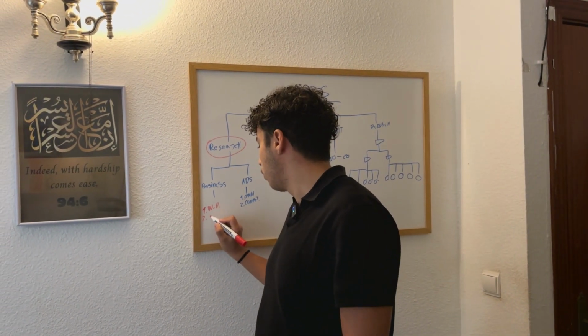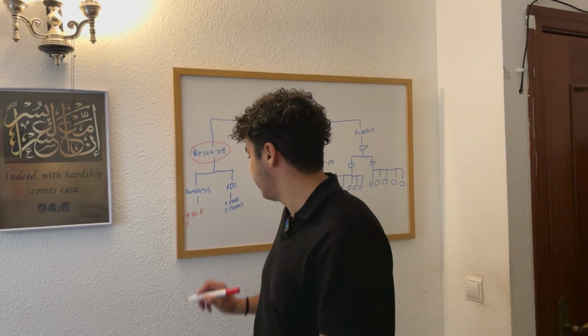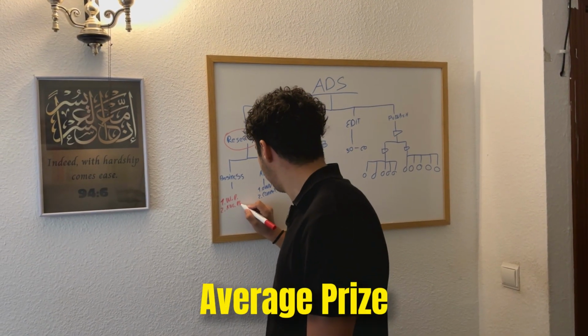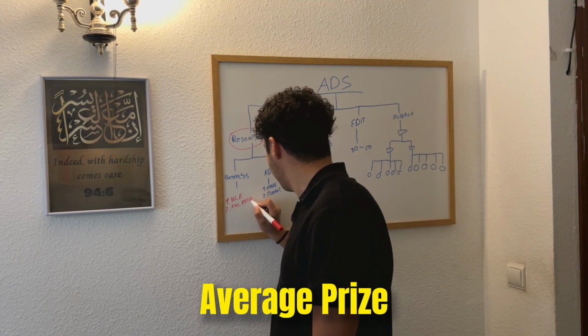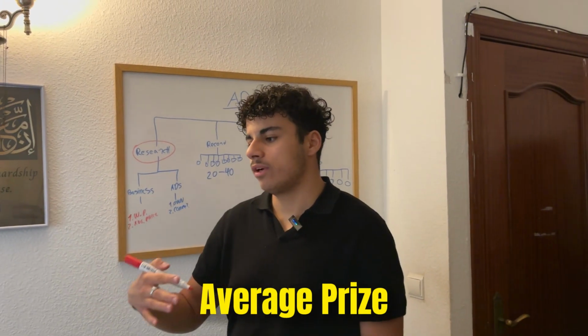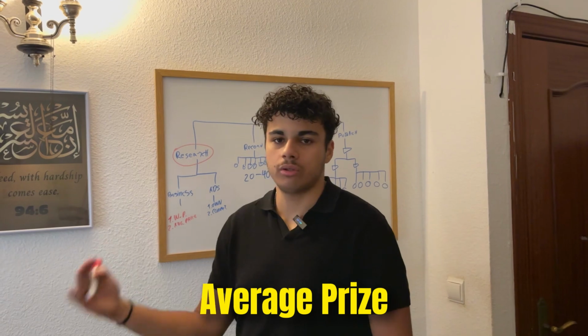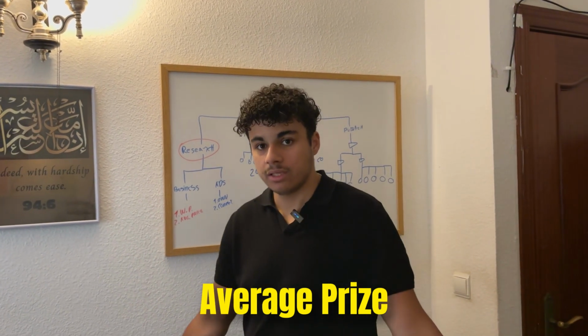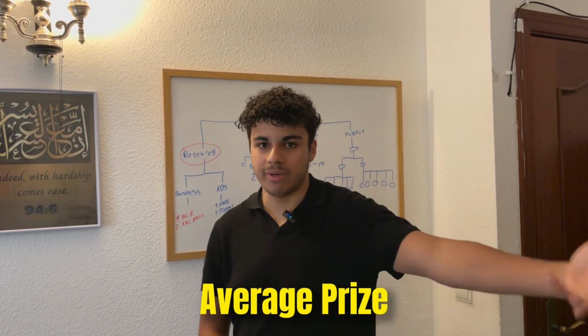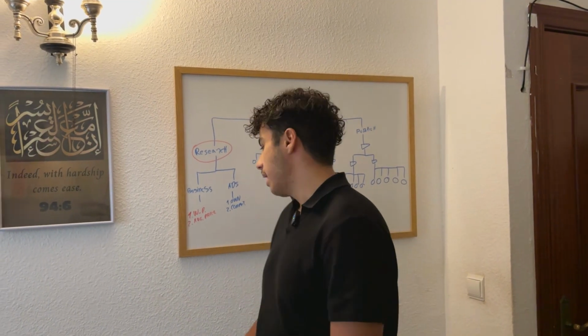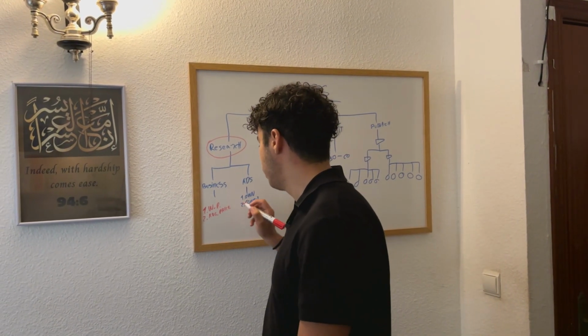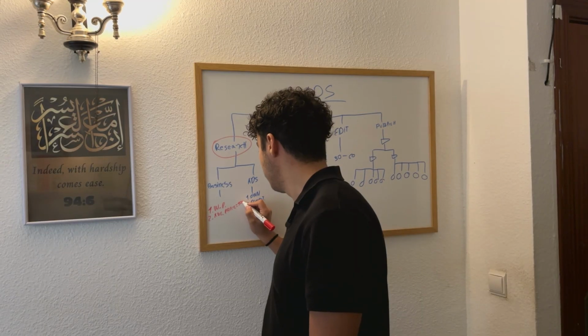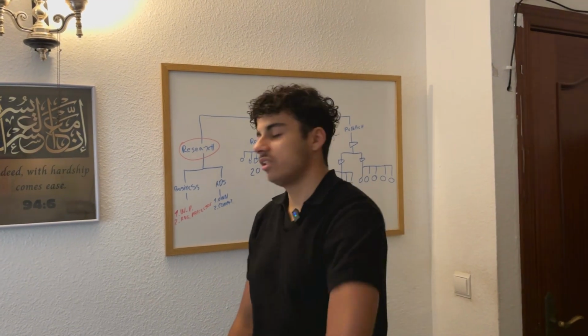Then we need to know what is our price, our average price, okay? What this means is, when someone goes into our store and buys, what is the average that they spend in our store? Let's say in this case, the average is, I don't know, 50 euros. We're talking about euros in this video, okay?